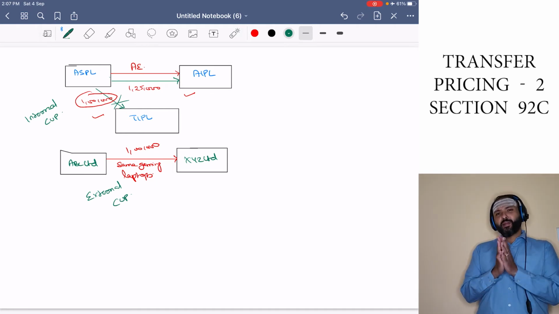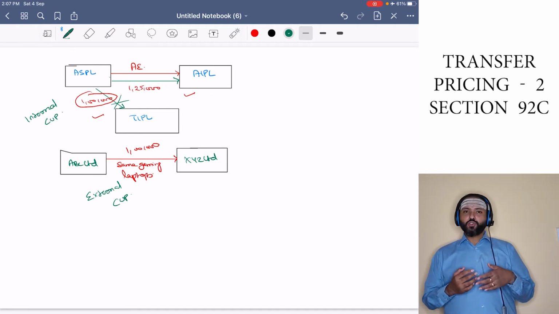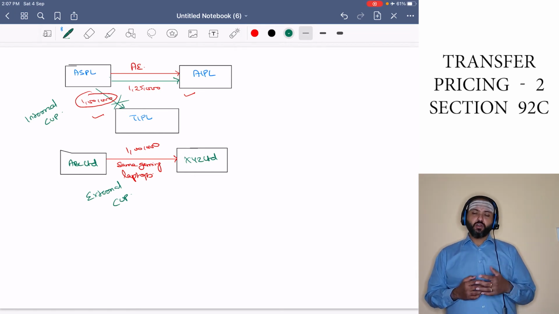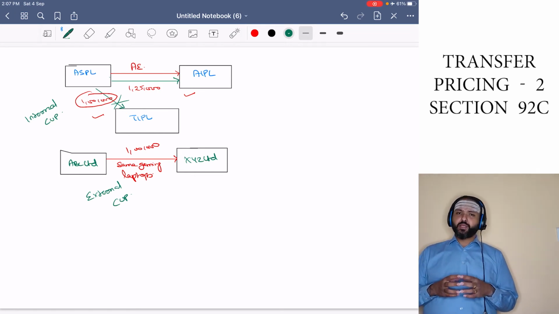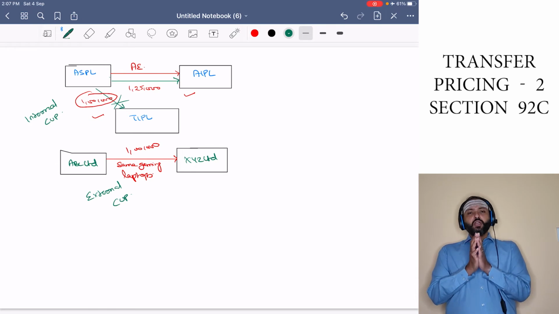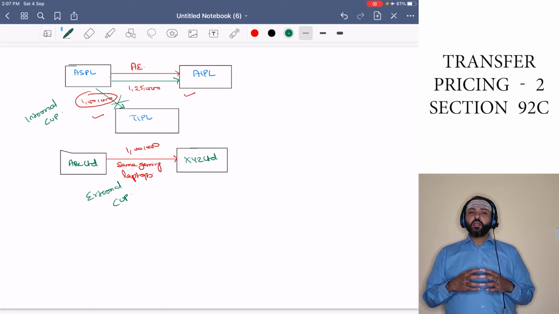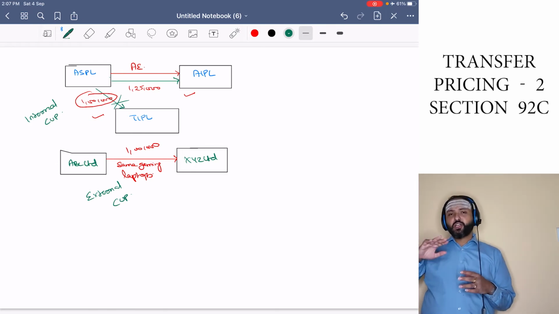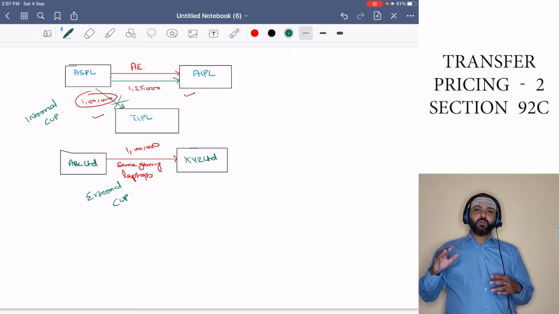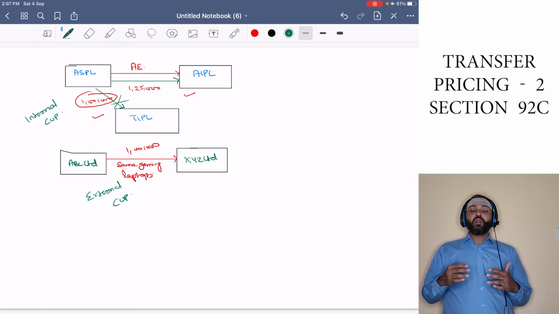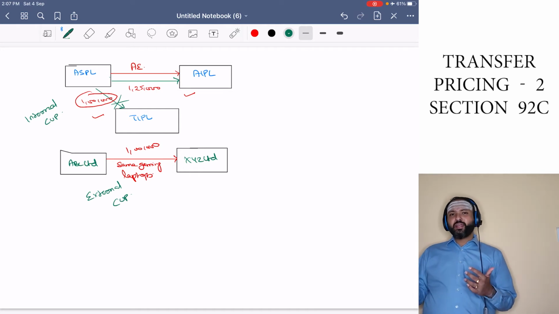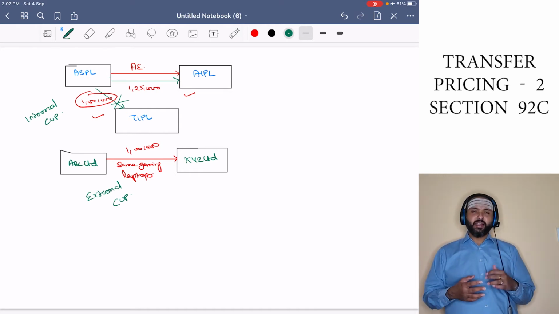Now, from a practical point of view, when it comes to practicing transfer pricing, or you want to take up a career in transfer pricing, you will understand that you will take up your entity and identify entities which are on the same scale, which do the same type of businesses, etc. And you will have to collate data relevant for the particular transaction.